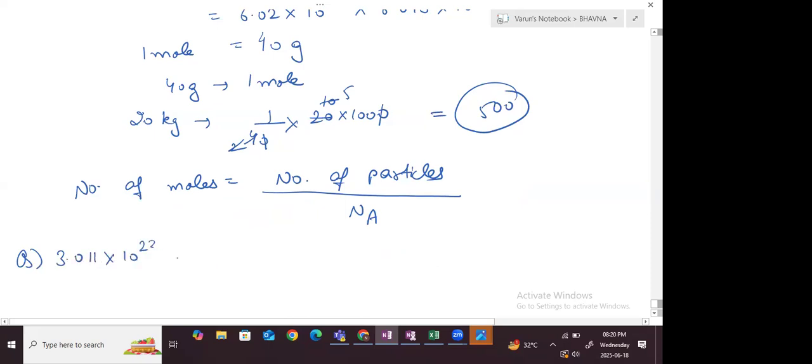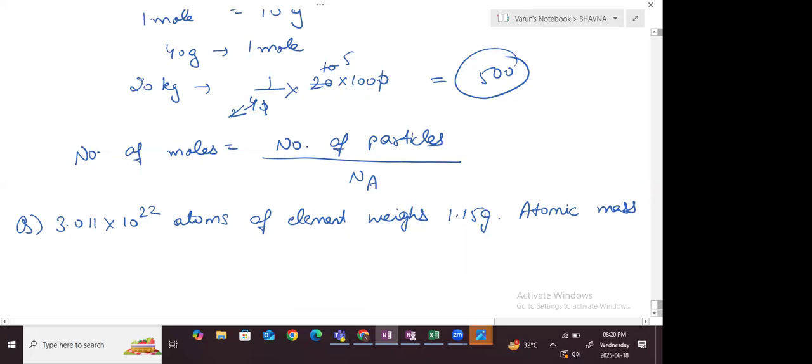This number of atoms of an element weighs 1.15 gram. Now this weight is for this number of atoms. You have to find the atomic mass of the element. As you can see, this weight is for this number of atoms. Atomic mass is for one atom only. Getting it?